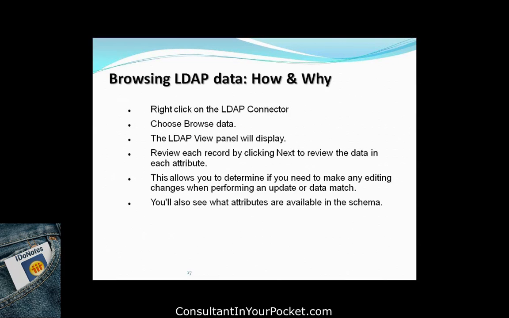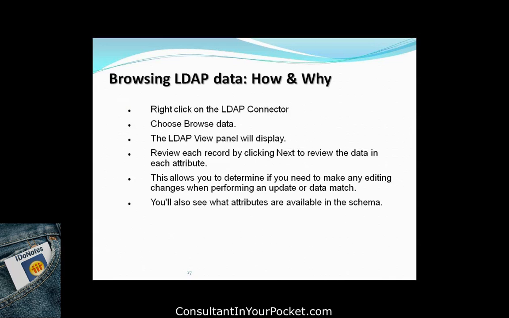Now, when you set up a connector and you make your authentication, you have the ability to right-click on that connector and browse the data. And you can click on the next button to see the data in each attribute. And I think this is just one of the coolest features in TDI, in that it actually lets you see what's in the data.